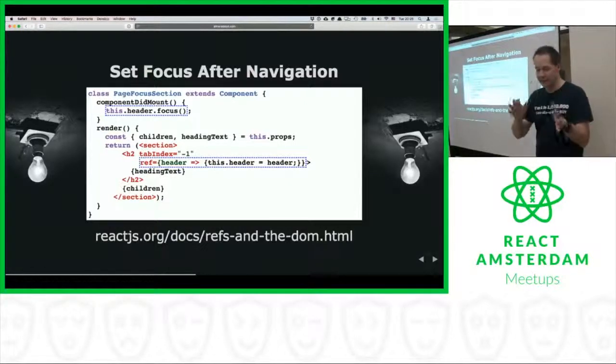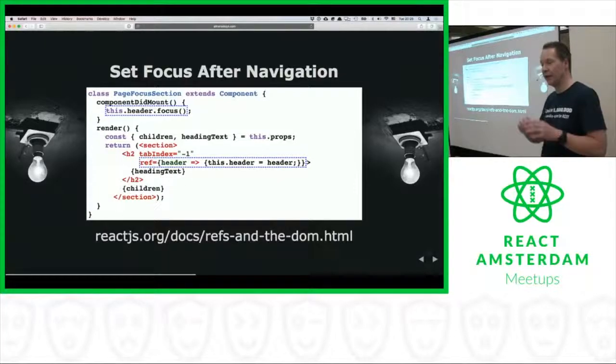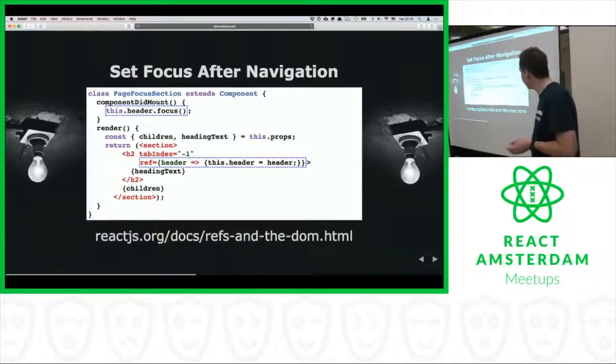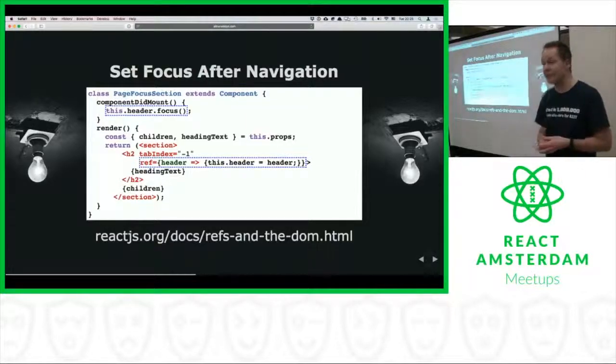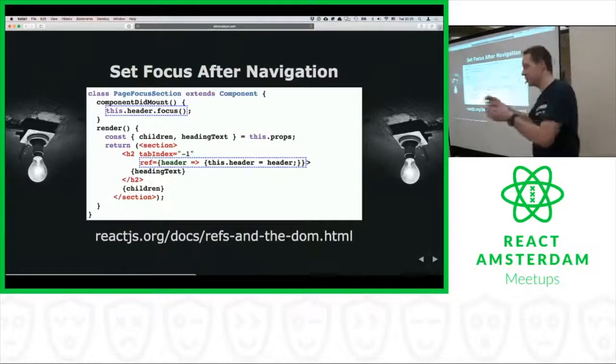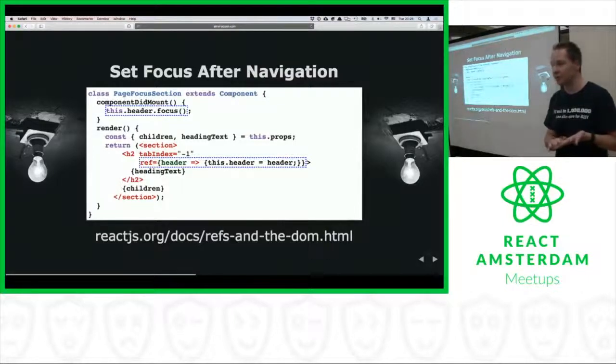In the same way that I could set focus on an element using the tab keys, like we just saw, I can, in JavaScript code, go and set focus on an element. In this case, it will be handy to set focus to my header element. Why? Because a header describes the section that I currently want to tell the user about. In order to set focus on it from JavaScript, I need to add a tab index of -1 to it. Otherwise, I cannot set focus to a header.